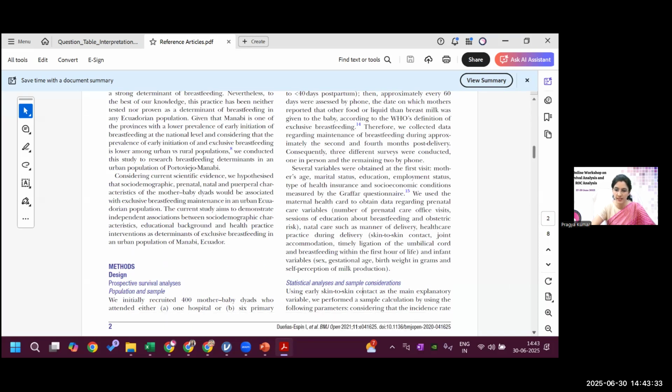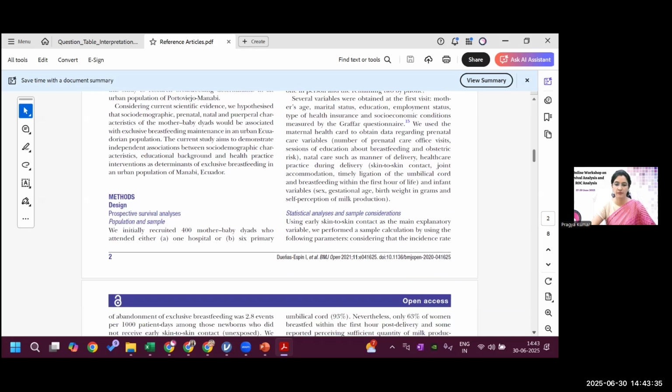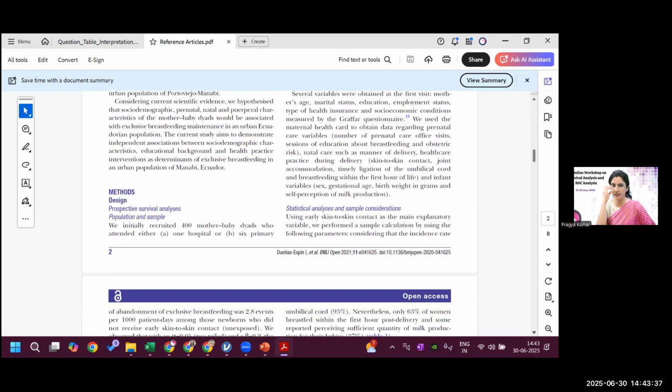If you see the statistical analysis and sample size, we have discussed this issue of sample size in logistic regression, where you can use the beta estimate to calculate the sample size, or you can use the effect size. In survival analysis also, the effect size is your hazard ratio. You can use the lowest hazard ratio and calculate the sample size using G power.